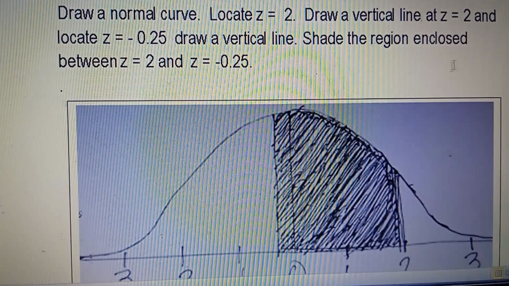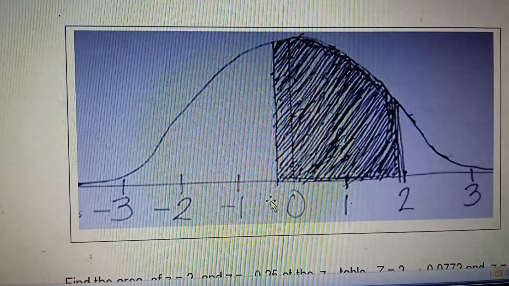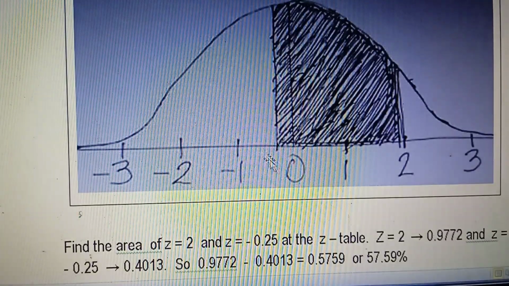Shade the region enclosed between z equals 2 and z equals -0.25 is here. Negative 0.25 is here, so draw a vertical line, and z equals 2 is here, so draw a vertical line, and after which you shade the region.